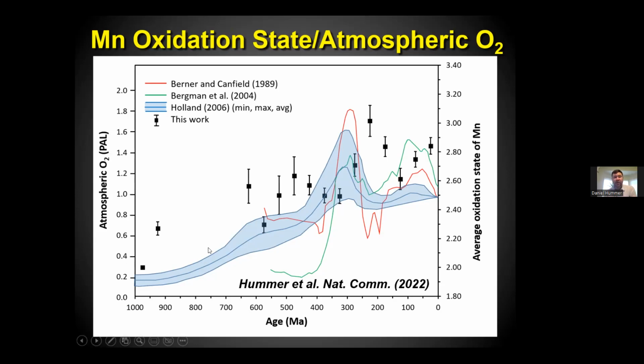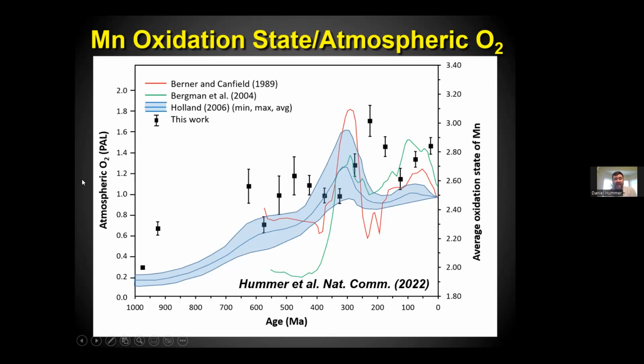And so here are some of those reconstructions that I'm showing right here. And notice that around 300 million years, there is a spike, there's a local maximum in oxygen concentration, and it's followed just a short time later by a major spike in the oxidation of manganese minerals.